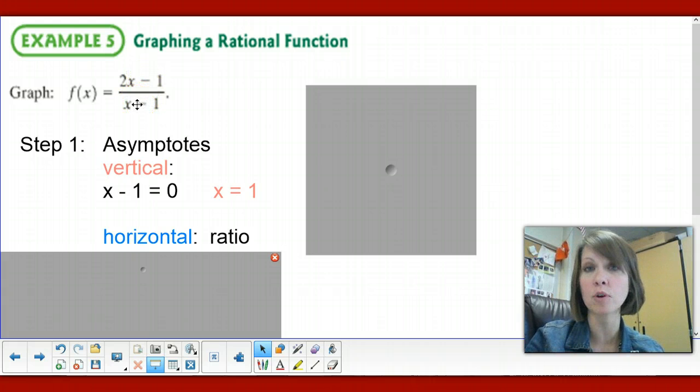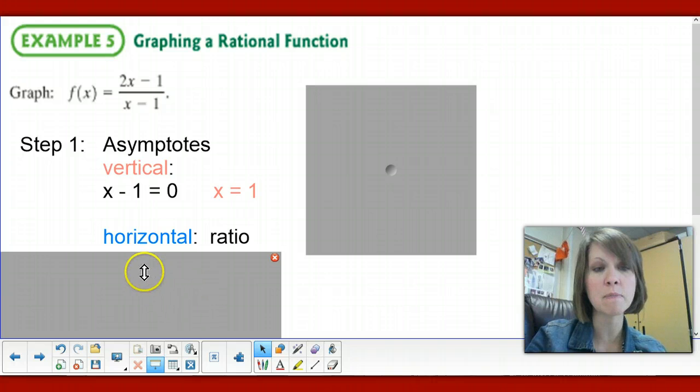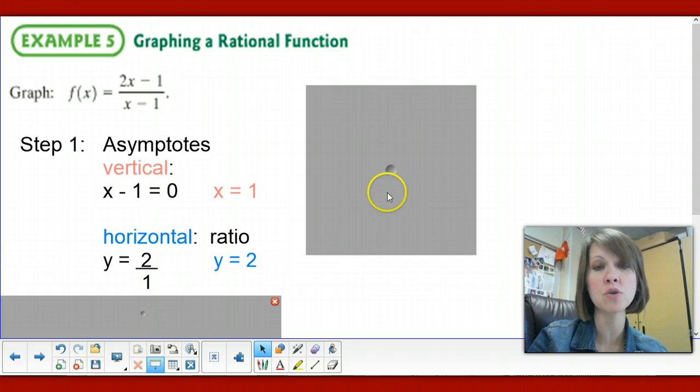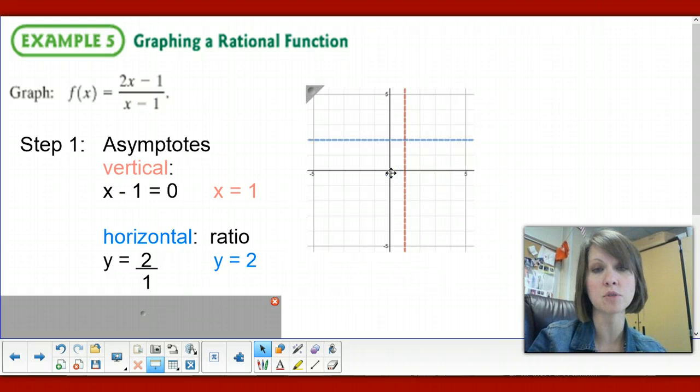We're looking at the powers when we talk about degree. So this is balanced, and we're looking at the ratio of those balanced degree coefficients. So in this case, it's going to be y equals 2 over 1, or y equals 2 is the horizontal asymptote. So here is a screenshot that shows my first step in graphing, which is to get a grid and plot the asymptotes.